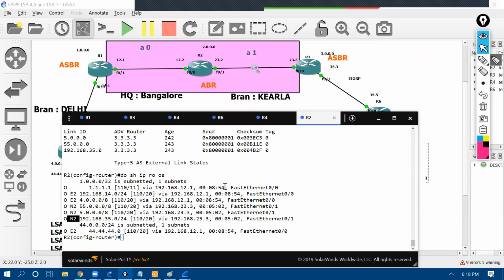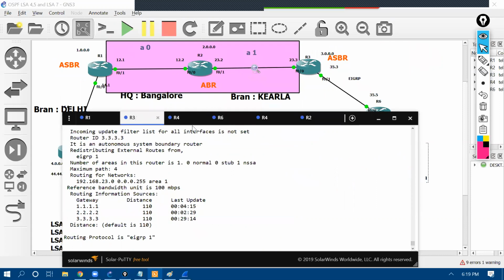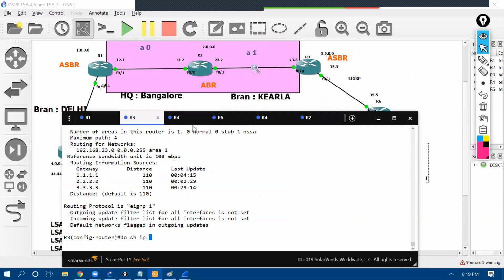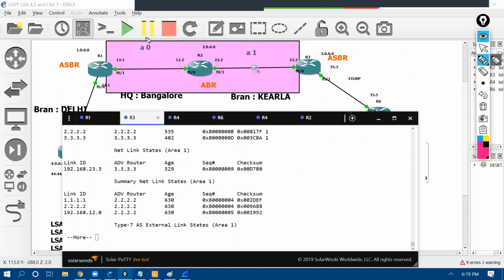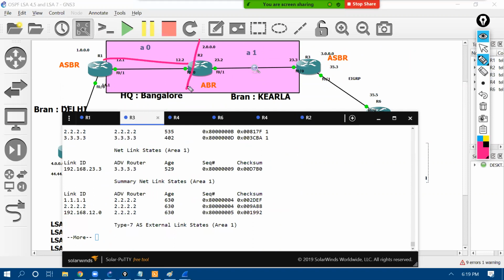Okay, now the point comes here. Now the point is that R3 has also not received the LSA 5 information and LSA 4 information from this side. That is actually what I want. R2 is blocking, and R3 is advertising these routes 5.0 and 55.0 as LSA 7.